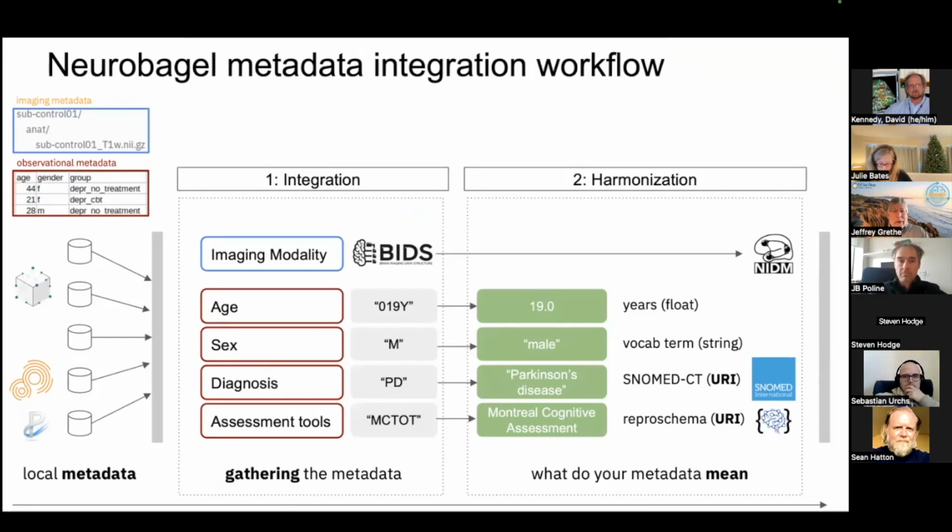So, for example, Parkinson's disease is a disease that is identified by a specific ontology, in this case SNOMED CT.